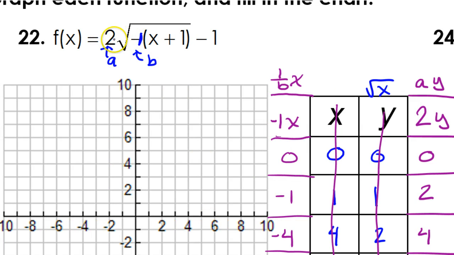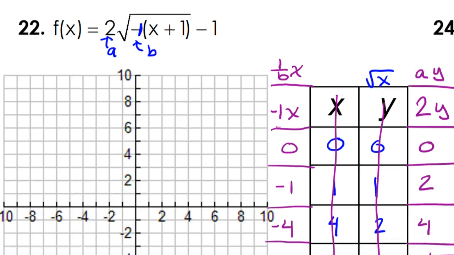Remember that a 2 out here in the front would be a vertical stretch by a factor of 2. So by multiplying all the y values by 2, we have achieved our vertical stretch by a factor of 2. Remember that having a negative right here on the inside is a reflection over the y-axis.